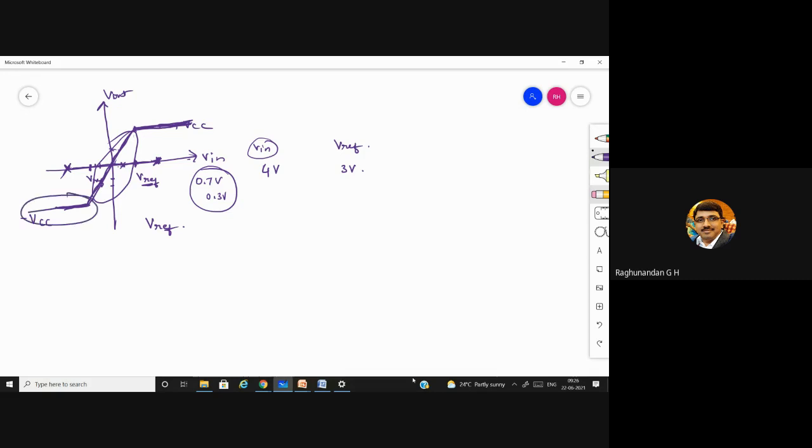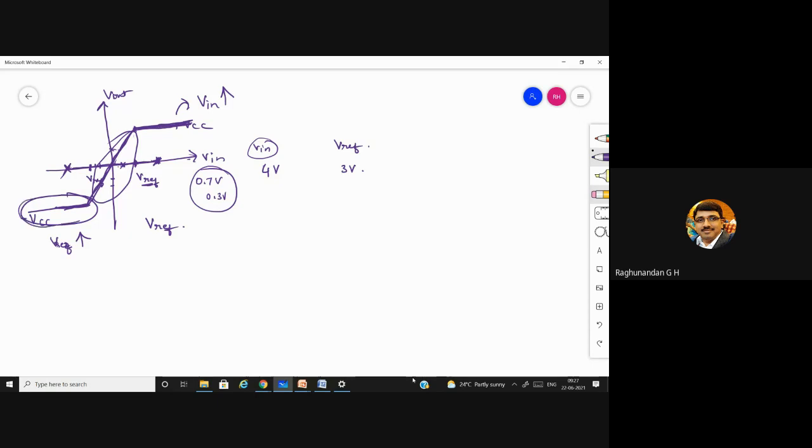This indicates Vref is greater. This indicates Vin is greater. So the graph is going to show you whether the input is greater or the reference is greater.